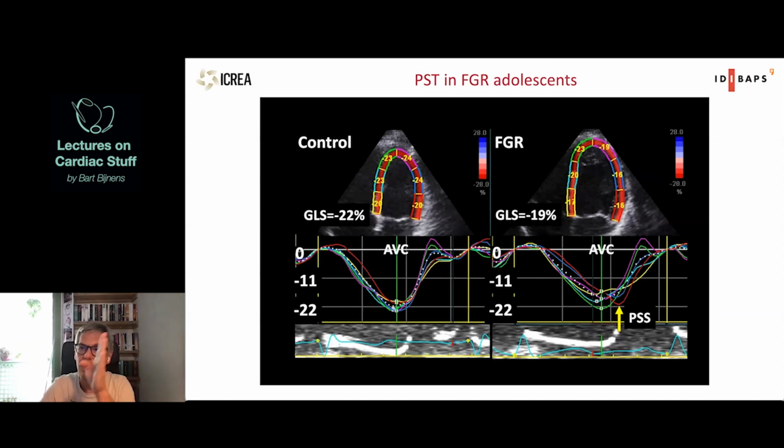But on the other hand, if we look at the adolescents that were born like this, what we now see is that there's post-systolic thickening, in this case in the free wall instead of in the septum, because this is what you expect, and you partially see here, although not much. You see in controls, if they have a little bit of pressure loading, as we said before, the septum is the flattest, this is where we see the change. But if you're born with a differently shaped heart, it might be that you react differently to later loading, and that seems to be the case, for example, in this type of patients.